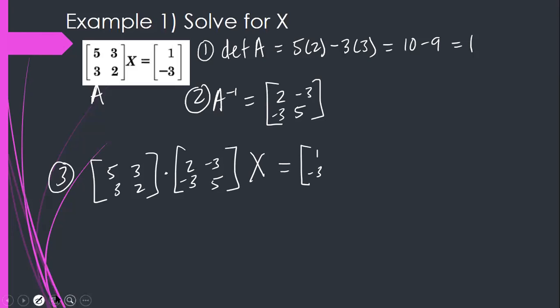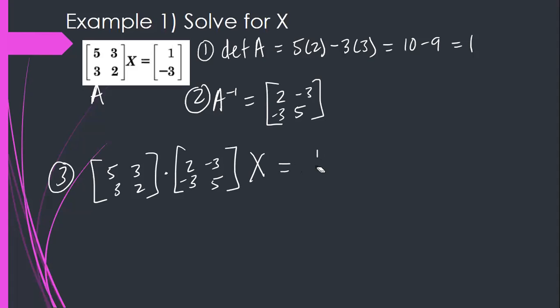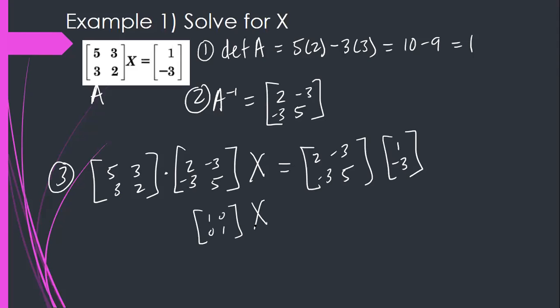I wrote it backwards. Hold on. I can't do 2 by 1 first. I have to have the 2 by 2 first. 2, -3, -3, 5 times 1, -3. Well, this side is going to become the identity matrix. And anything times the identity matrix is itself. And this side, I'm going to go through and do my multiplication.